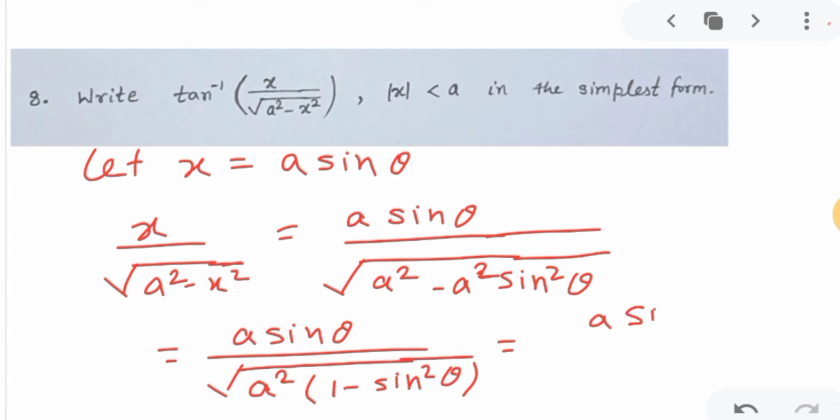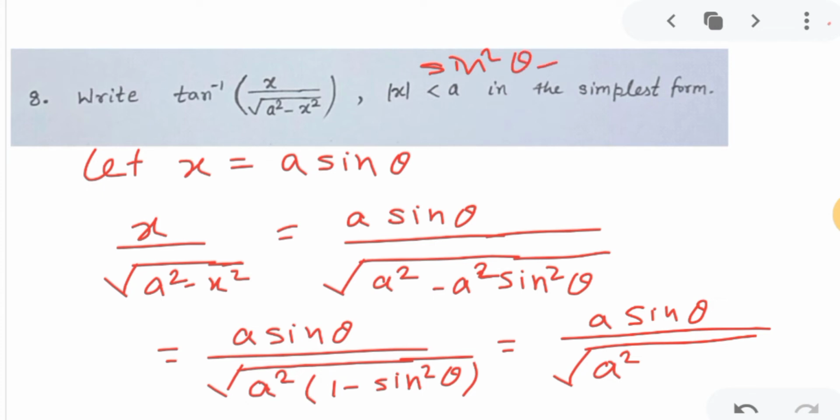And again it will be a sin theta divided by square root of a square, and 1 minus sin square theta I can write as cos square theta. 1 minus sin square theta will be cos square theta, since sin square theta plus cos square theta is 1, this we already know, right?